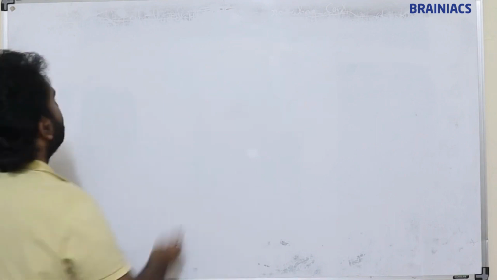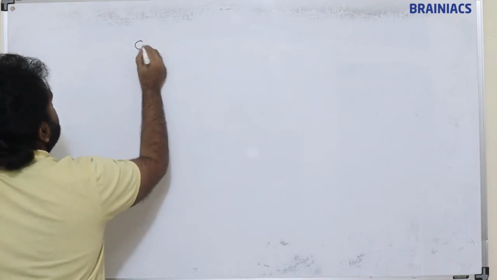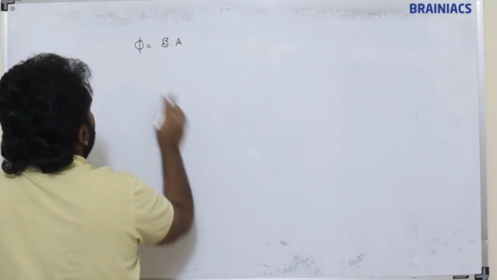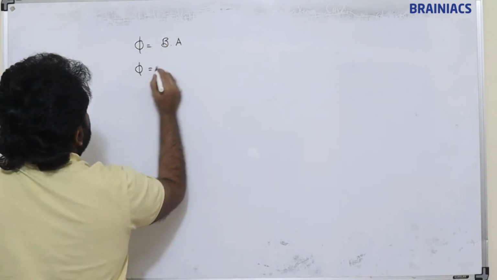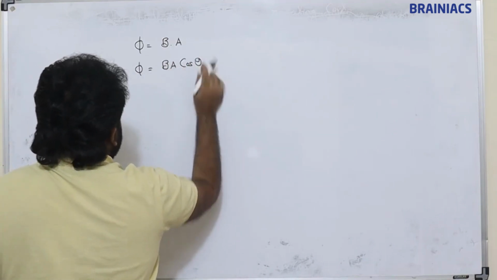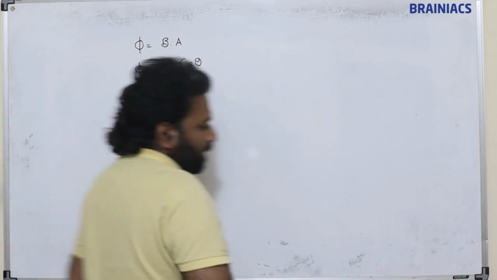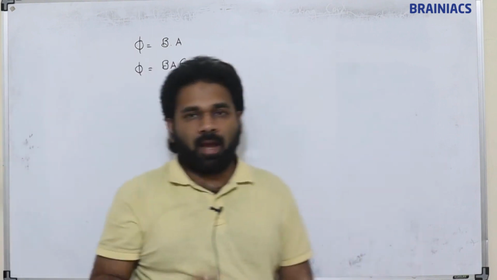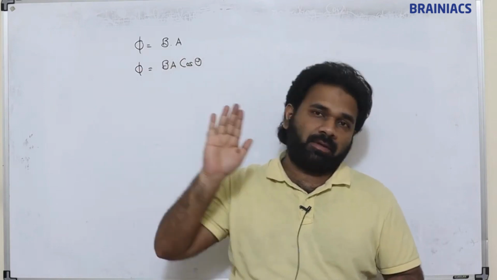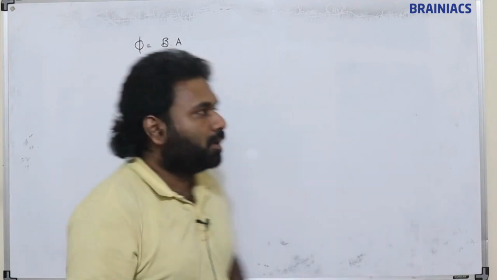Now see children, phi is equal to B dot A, or phi is equal to BA cos theta. So this theta is the angle between the area vector and the magnetic field vector.